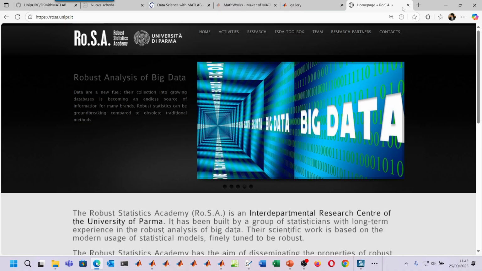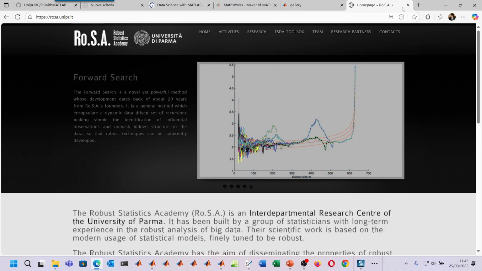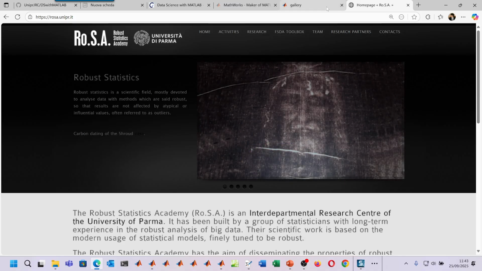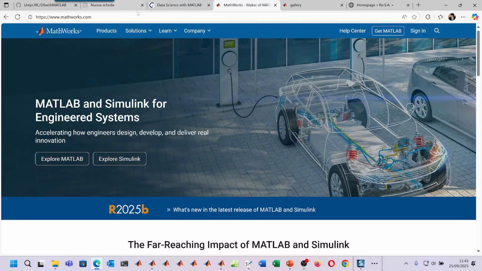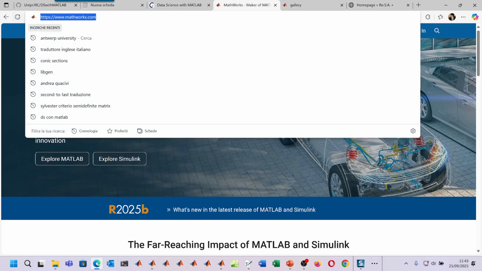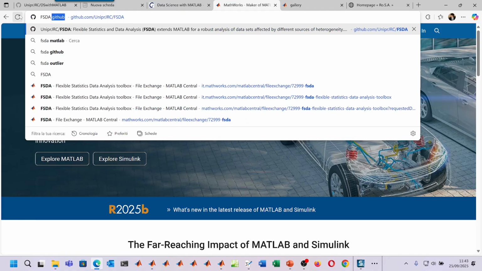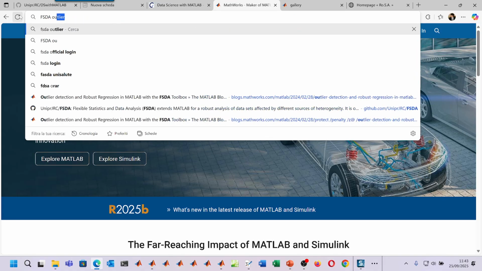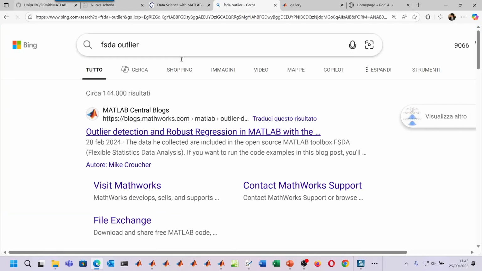And same thing in regression. You have data that are not affected by the outliers. For example, if you write FSDA, outlier detection and robust regression in MATLAB with the FSDA toolbox.